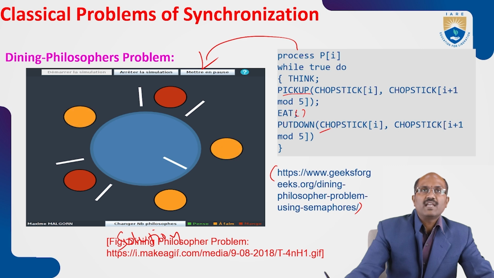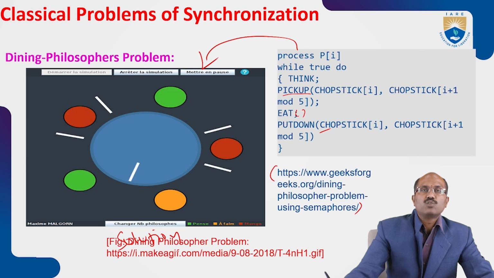This animation solves the dining philosophers problem. At a time, only 2 philosophers can eat, and the remaining philosophers must think. Then another 2 philosophers get the chance and start eating. So this is the solution of the dining philosophers problem.